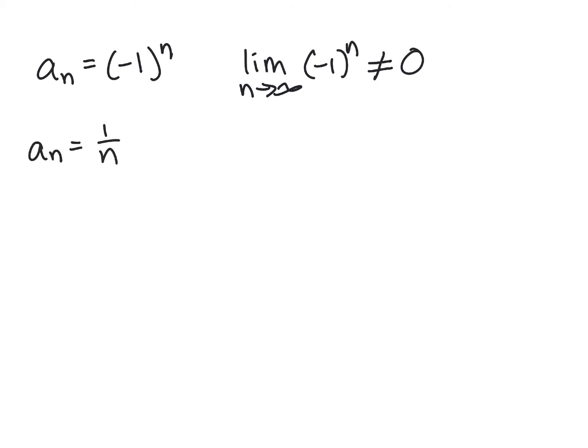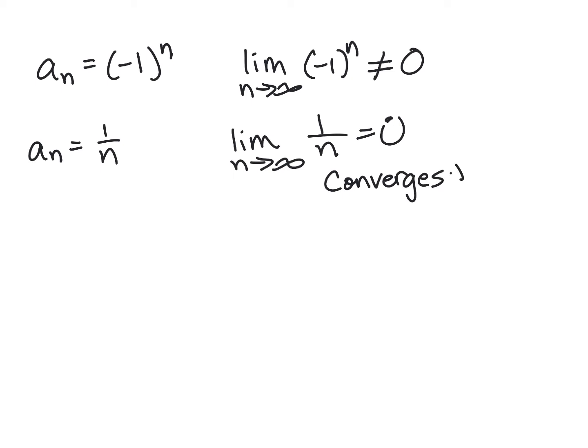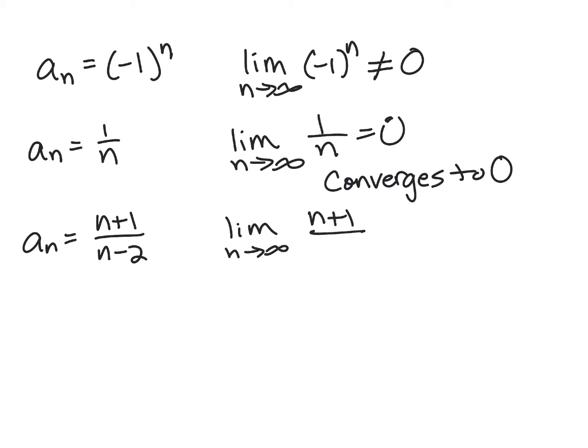We've already talked about this guy. If you take the limit as n goes to infinity for this thing, you're going to get 0. Therefore, it converges, and it converges to 0. Now, a sub n, try (n plus 1) over (n minus 2). When you take the limit as n goes to infinity of this one, what's going to happen?